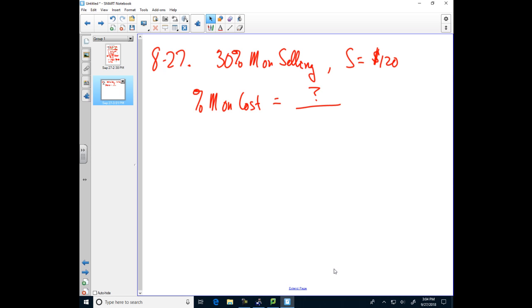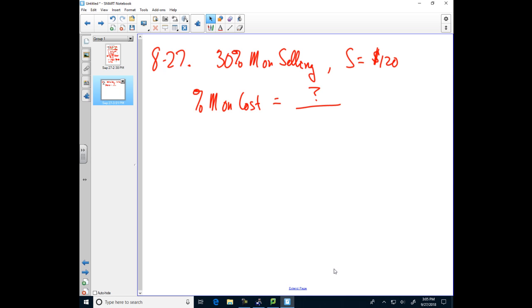So now let's go back to those columns and look at the bottom part of 227, left-hand column again, right in the middle of the page there. Notice it says conversion of markup percent.